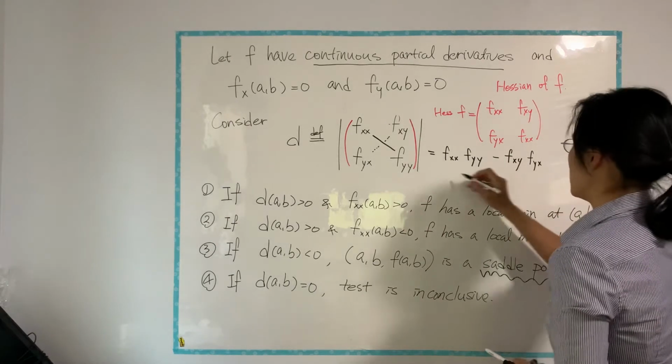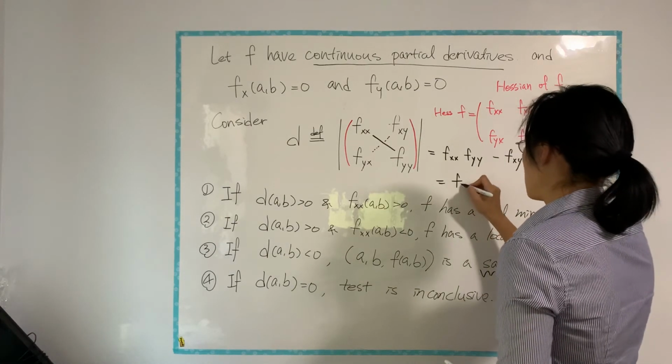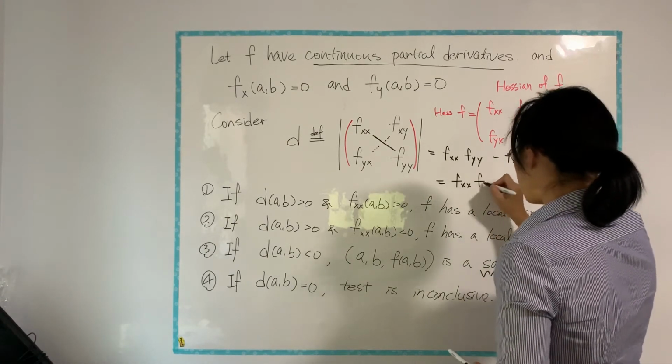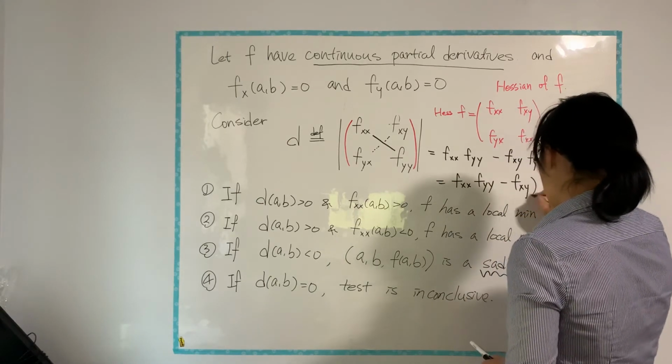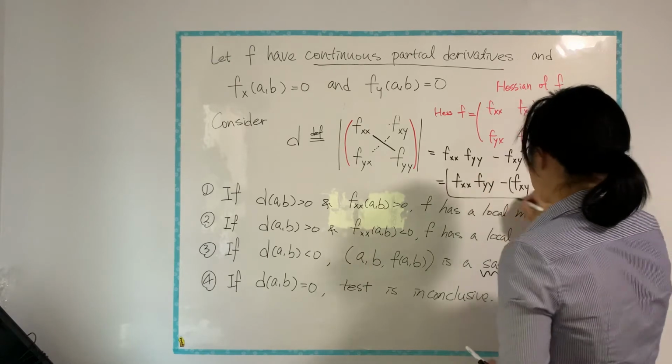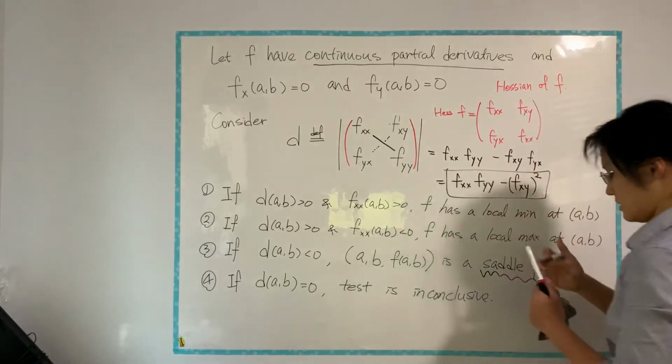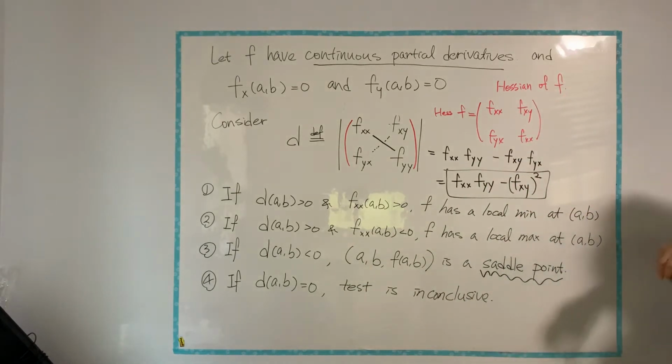So this would be the determinant function of the Hessian of f.